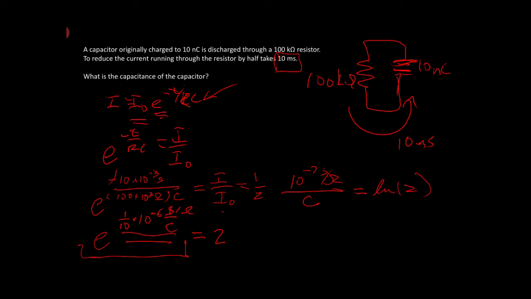And the logarithm of 2 is 0.693. A little bit less than 1. Remember, e is a little bit less than 3, so this should be a little bit more than 2/3.